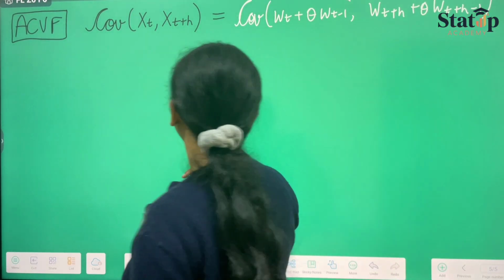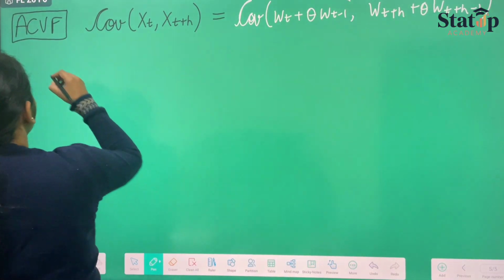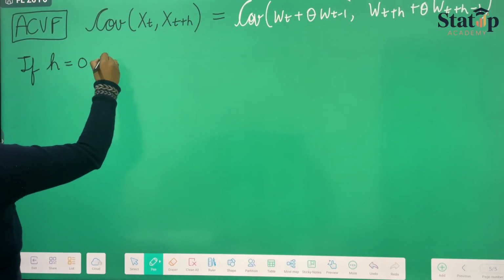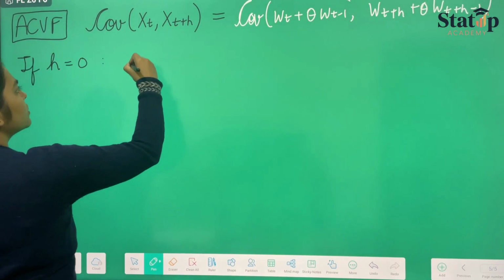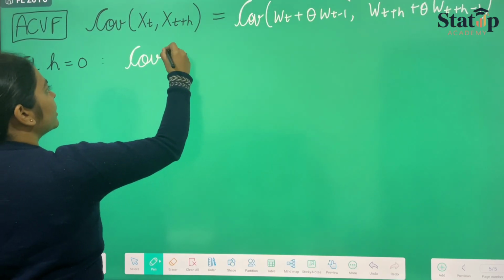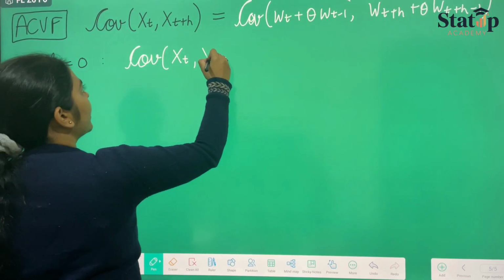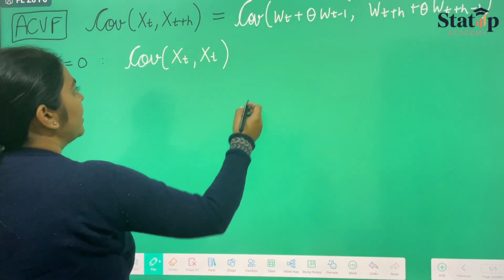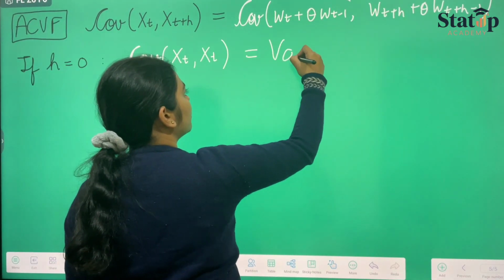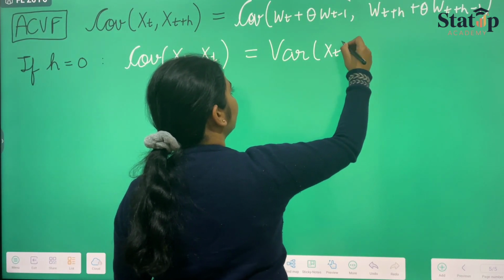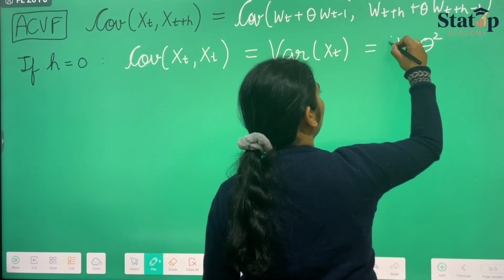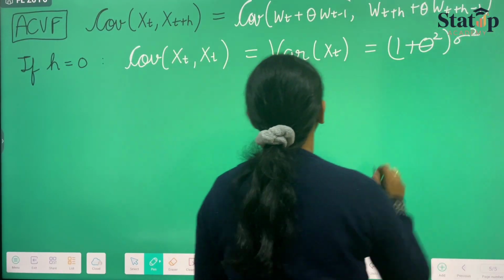So now we'll take the values differently. If h is equal to 0, this covariance will become covariance of xt and xt, since t plus h will become t only. So it would be nothing but variance of xt, and variance of xt we have calculated is nothing but 1 plus theta square into sigma square.